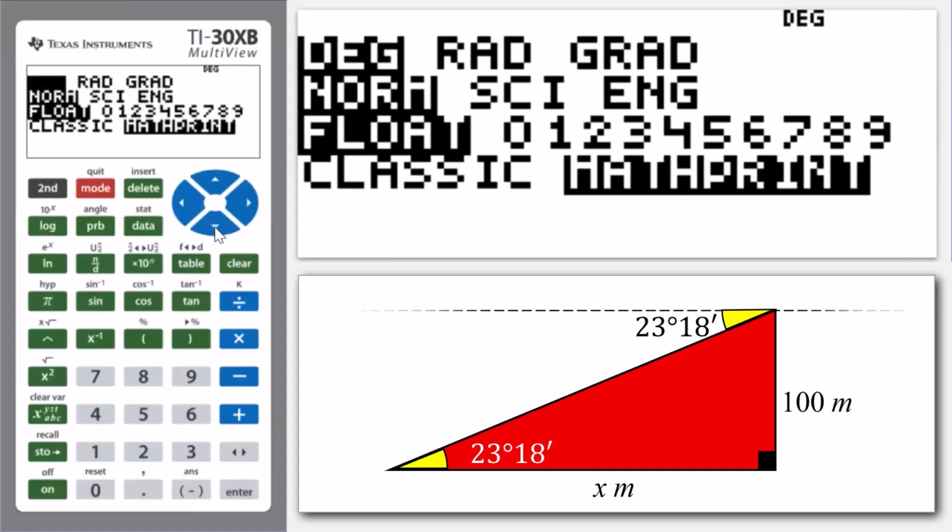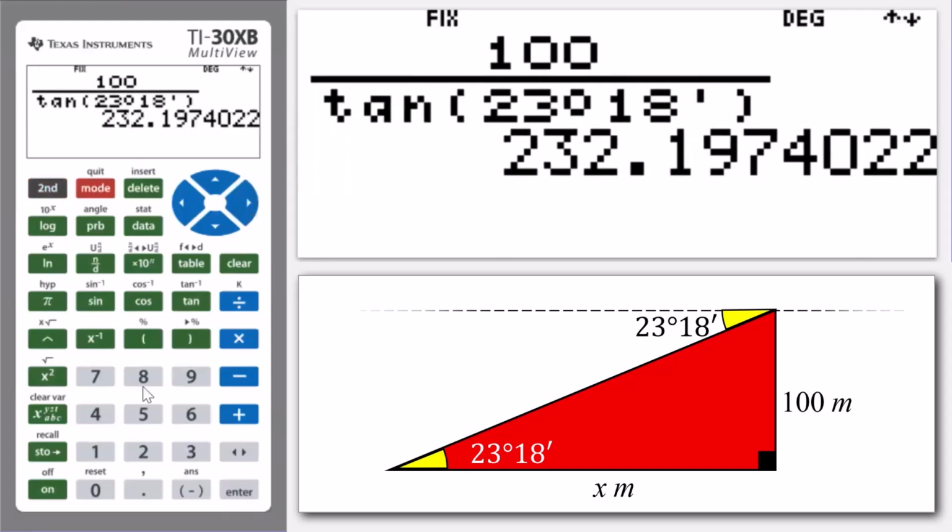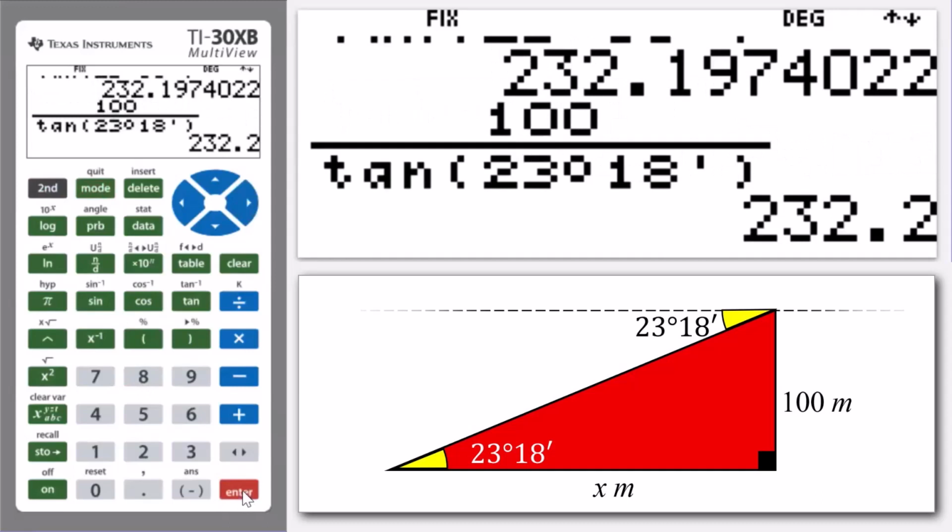We could then arrow down to float, then scroll across to highlight 1, and that corresponds to giving answers correct to 1 decimal place. Press enter, then press second mode to quit out of there, and then simply press enter. The calculator redoes the calculation and it gives our answer correct to 1 decimal place, 232.2 meters.